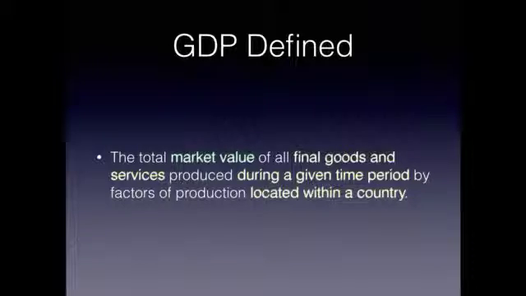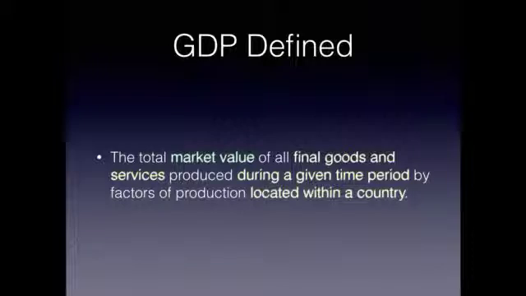Also, the final goods and services component is important. The reason why it's restricted to final goods and services is because if you include intermediate products, there's an issue of double counting. Now let me give you an example of this to illustrate.